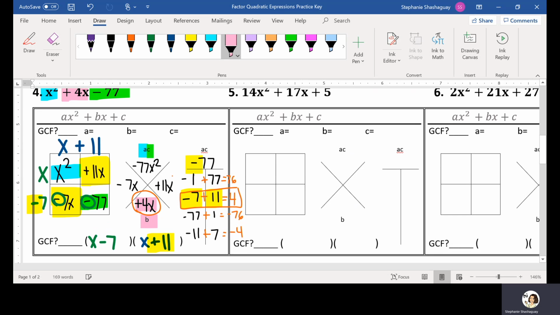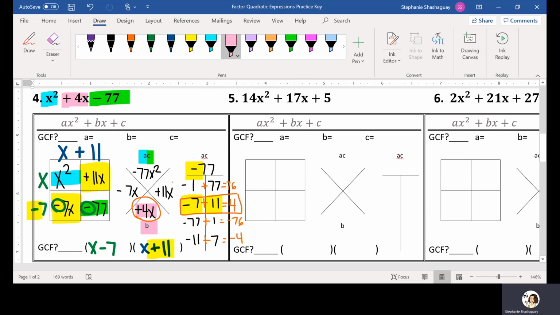All right, let's look at number 5. I have 14x squared. I have 17x, and I have a positive 5. I haven't been talking about greatest common factors because our A terms have been 1.